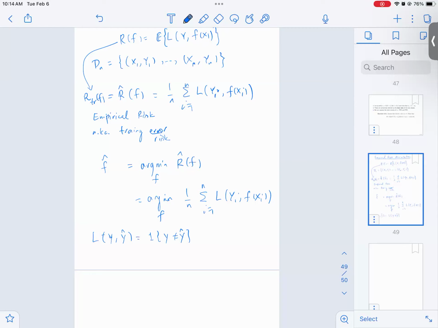So when x is not discrete, this is not a bad estimate. In the case where x is continuous, the solution would be like a plug-in rule, but then the plug-in rule would be trivial, an interpolating rule, so it wouldn't be useful. In general, when I try to do it with the 0-1 loss, I can make this 0; I can find the function that interpolates perfectly, and that wouldn't be very useful.